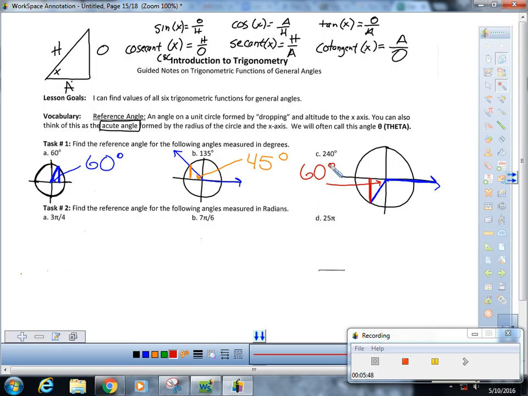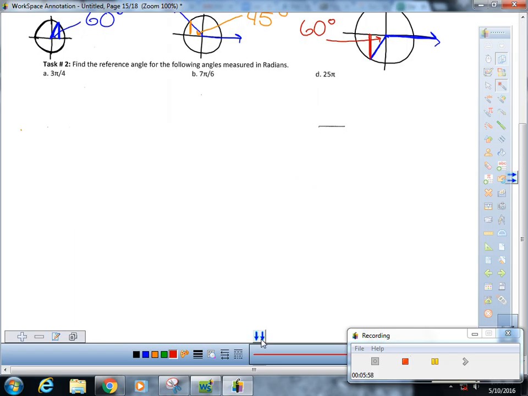So far, so good? Okay, now it's going to get harder. Why is it harder in the next one? So now we're in radians. Okay? Same deal, though. What I would do is think of 3 pi over 4 as 3 times pi over 4.